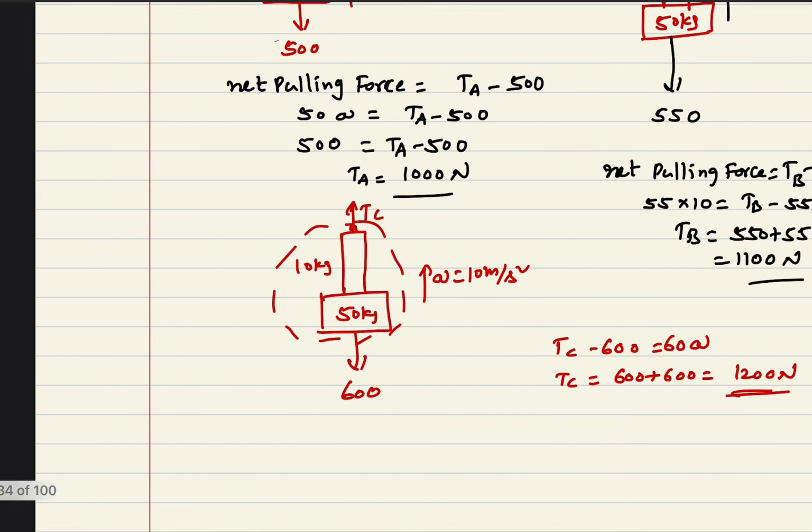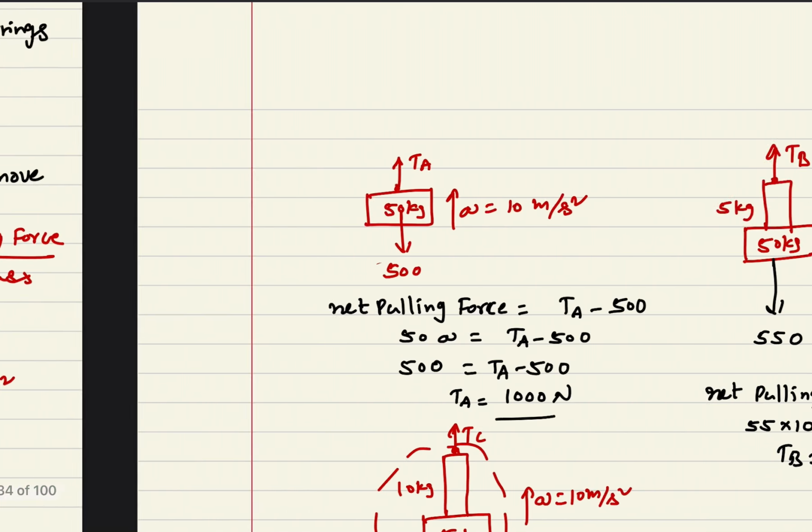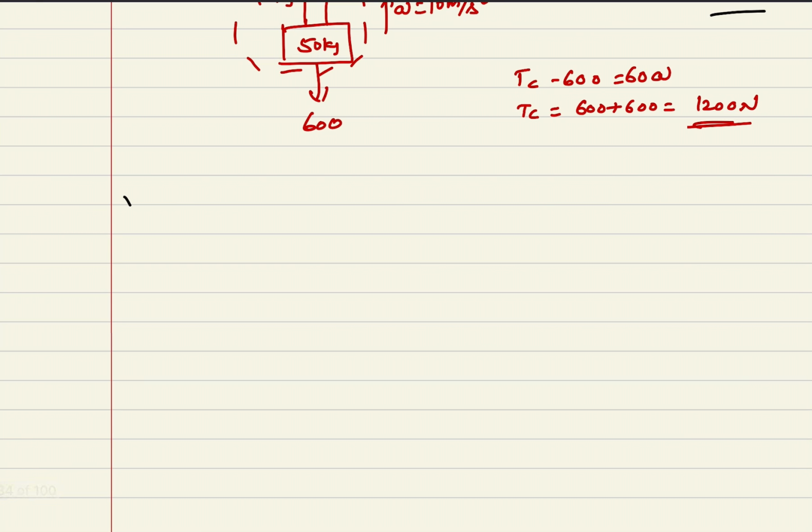You can observe how to calculate the tension for the massive string. Similarly, sometimes they may ask like this also. There is a massive string, a force F is applied.